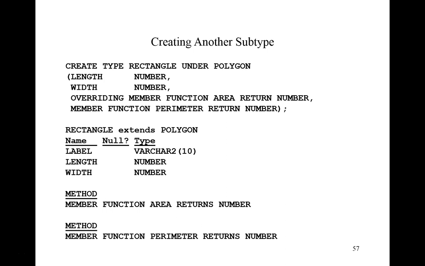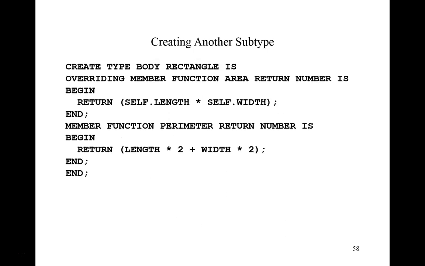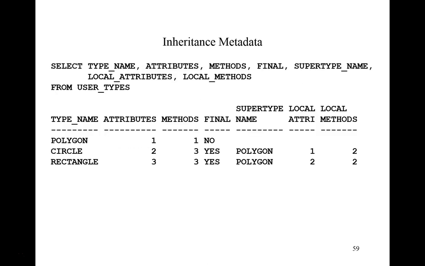Remember that we did inherit label from the supertype, and then we've added length and width as local variables. The type body for rectangle, once again, note that we've included the word overriding when we declare the details of the area member function.